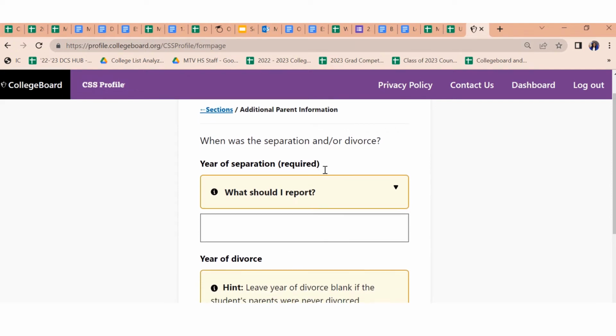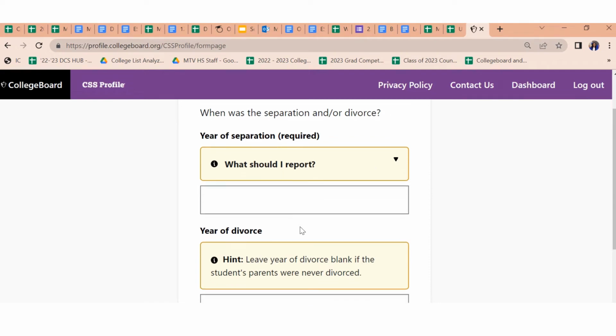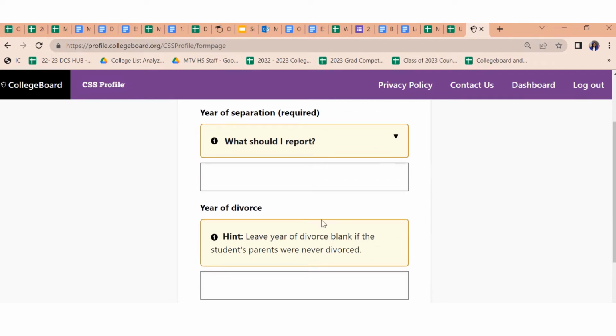We indicated that in this situation, this student's biological parents are divorced. So they're going to ask what was the year of the separation and the year of the divorce.